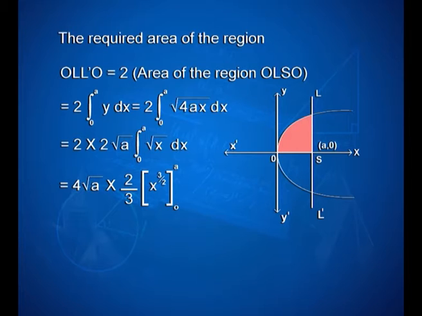On applying limits, we have 8 upon 3 into the square root of a into a to the power 3 upon 2, that is equal to 8 upon 3 a squared.